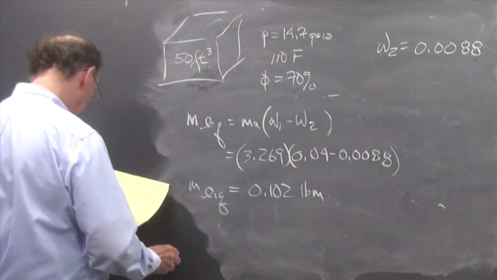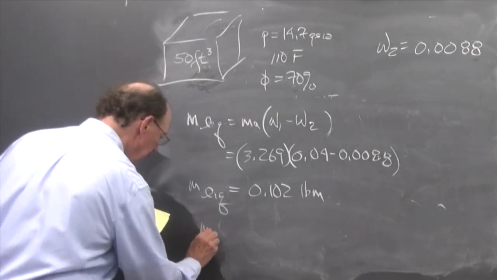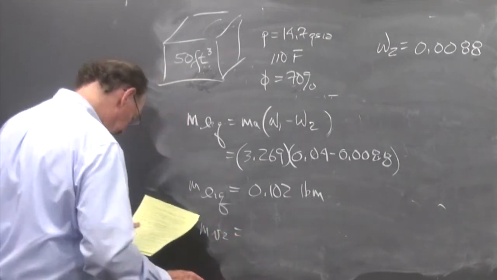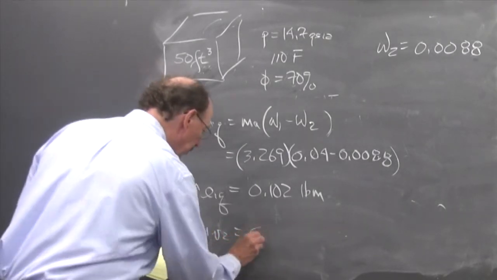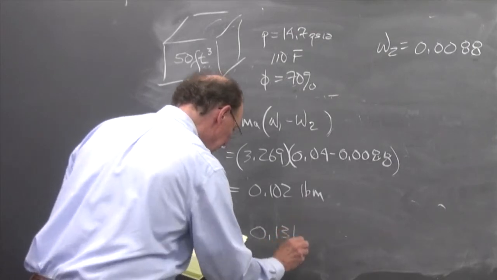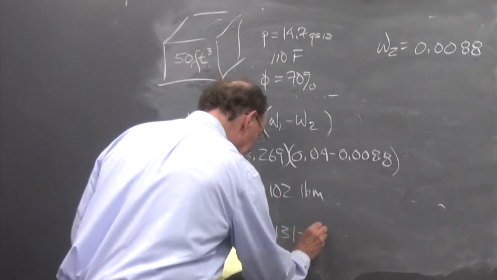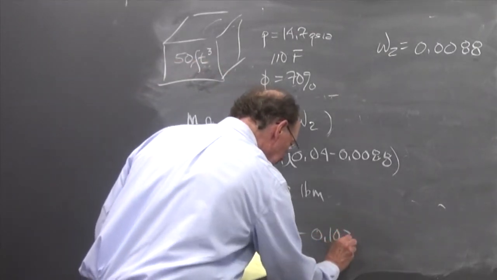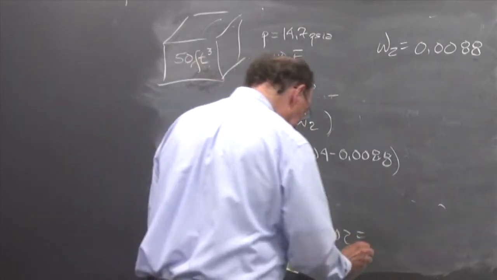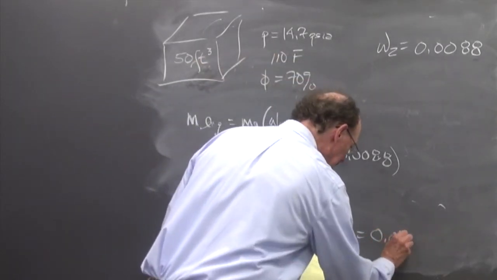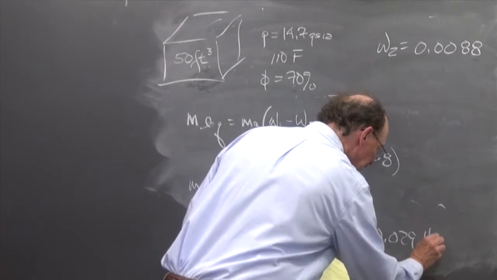And MV2 is equal to 0.131 minus the liquid 0.102. So the mass of vapor we have at the end is 0.029 pounds mass vapor.